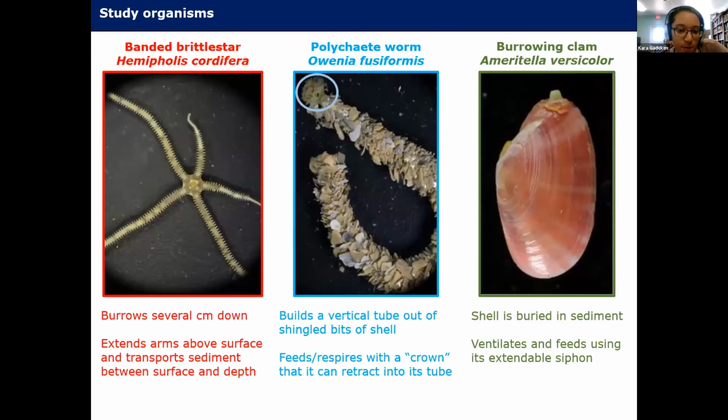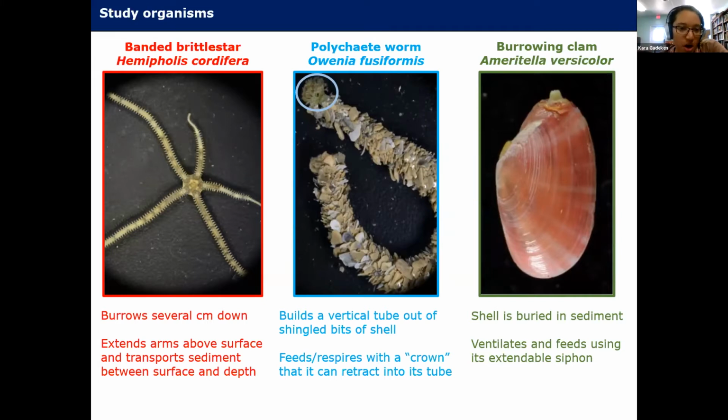So for the actual study, I used 3 different organisms. The first was a brittle star, which will burrow several centimeters down into the sediment, and they'll extend their arms above the surface and then transport sediment between the surface and depth.